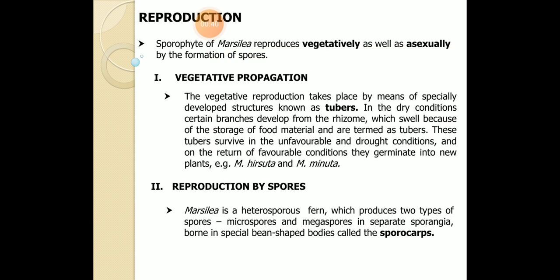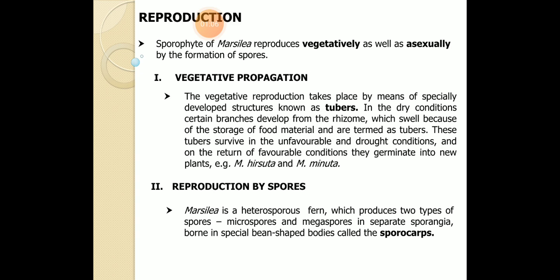So usually the asexual or vegetative reproduction takes place by the formation of tubers, especially in case of Marsilia when there is uncertainty of water or scarcity of water. What happens? Usually the rhizome region itself swells to form a food storage material.